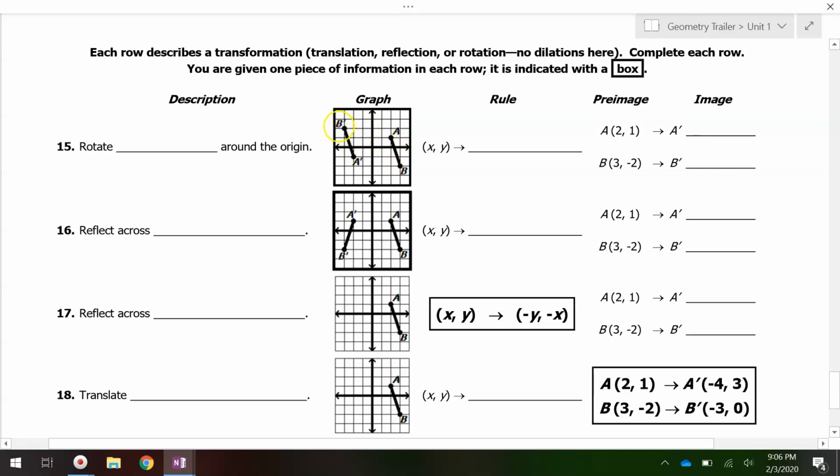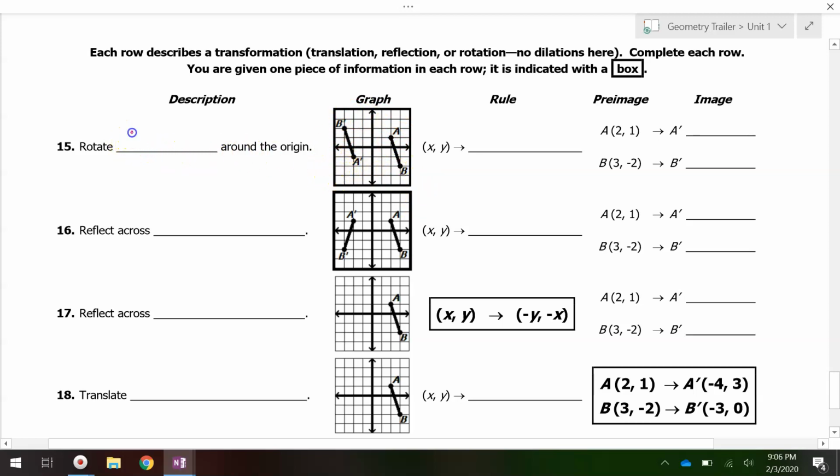The B prime is high and the B is low. So this is only going to happen if this is rotated. That's what's flipping it upside down. So this would be a 180-degree rotation because of the way it's flipping completely upside down.